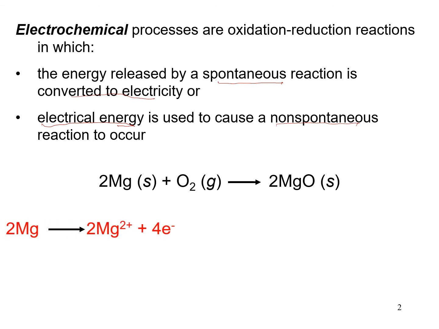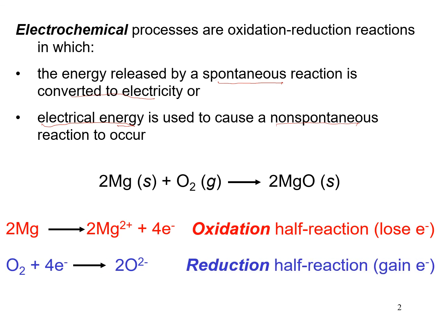For instance, you can see right here one example of a reaction, in which magnesium metal reacts with oxygen to produce magnesium oxide. A lot of times this is referred to as a redox reaction, an abbreviation for oxidation reduction reactions.